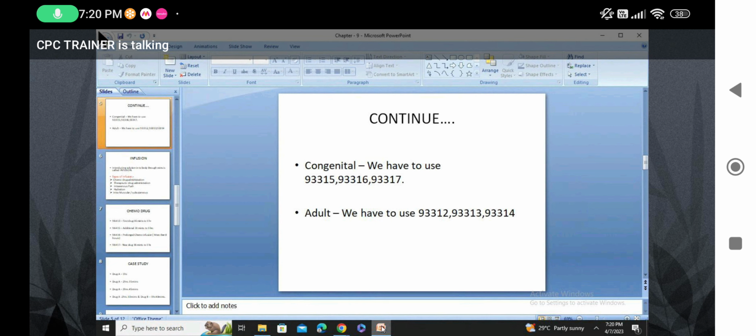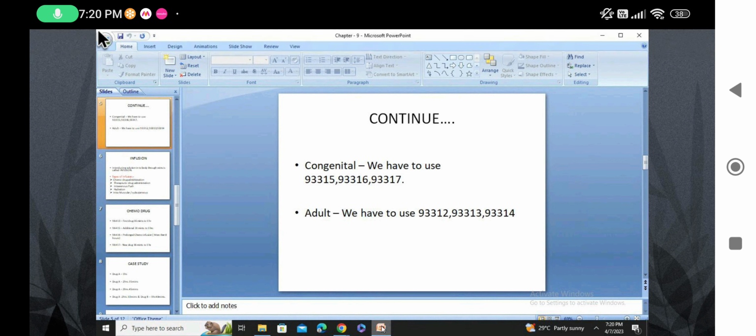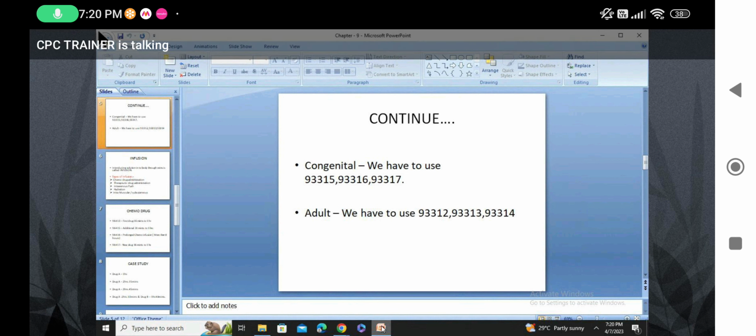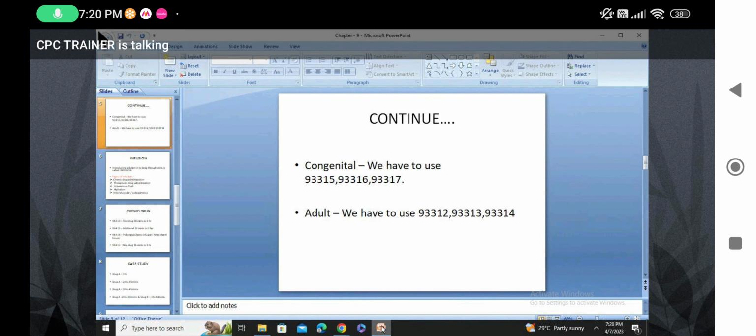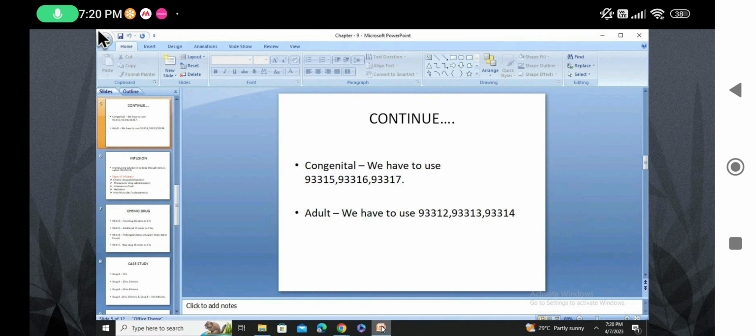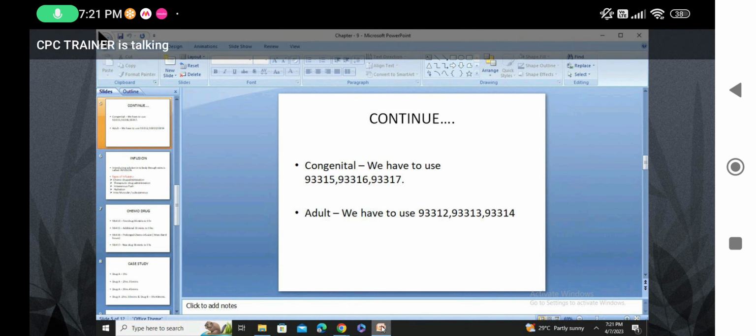So the next one is congenital. For congenital also we have 3 codes, guys.